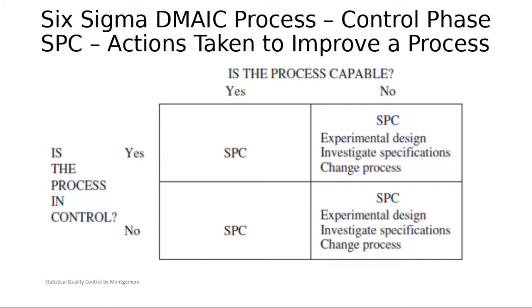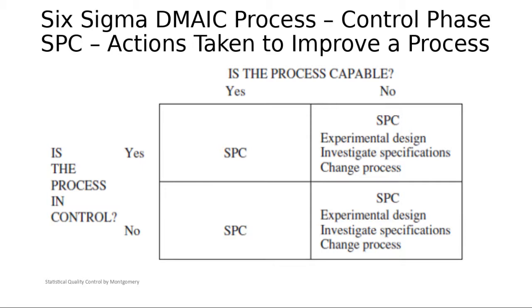If the process is not capable, then most of the time you are going to use the experimental design, and investigate the specifications, change the process to make it capable first. Then you use the control charts.